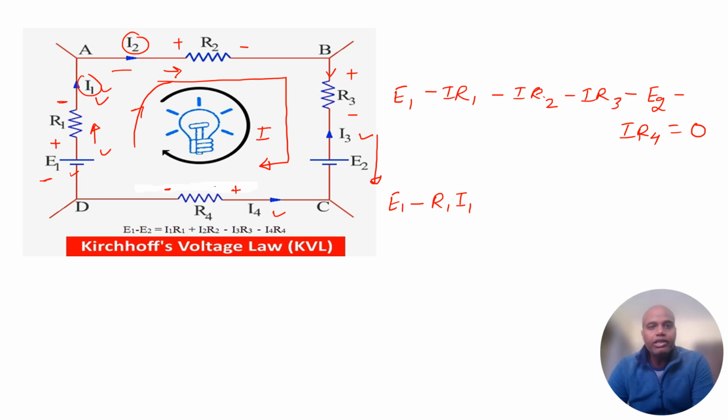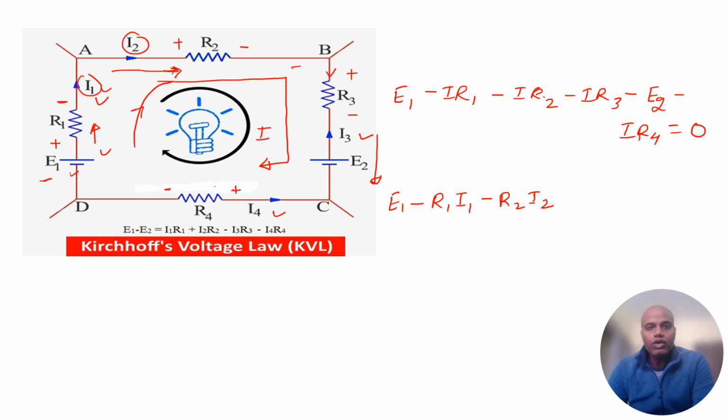When I'm moving in this direction, the current I2 enters R2 and I'm going in the same direction as the current, so the voltage drop again comes as negative, R2 and I2.